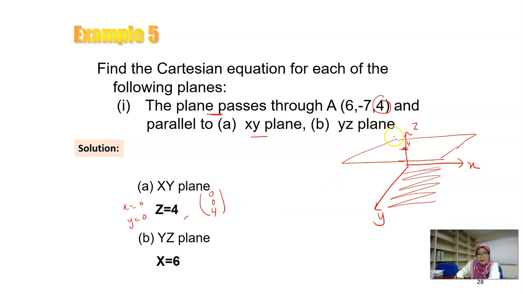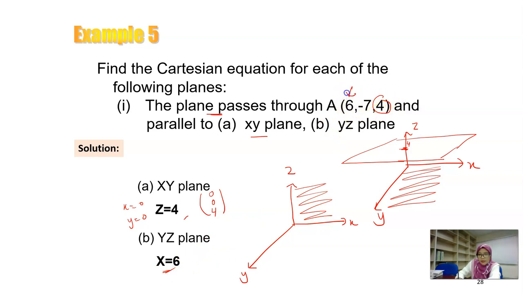How about the YZ plane? The YZ plane is on X equals 6. Let's say you have X, Y, Z. So where is your YZ plane? The YZ plane is somewhere here, and it is parallel, X equals 6, because it must pass through this point.